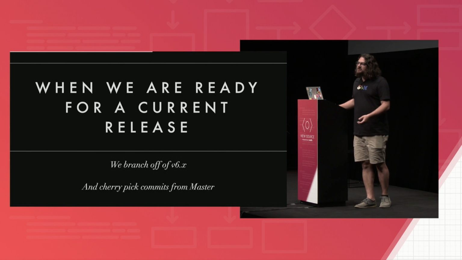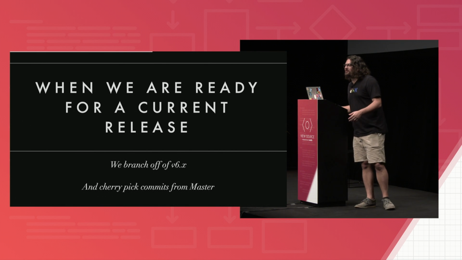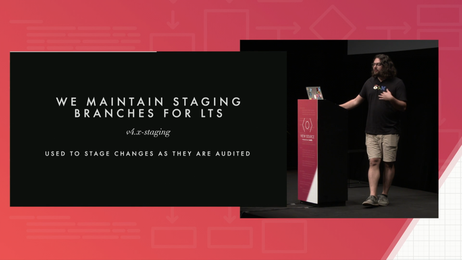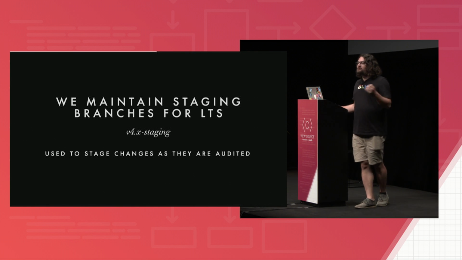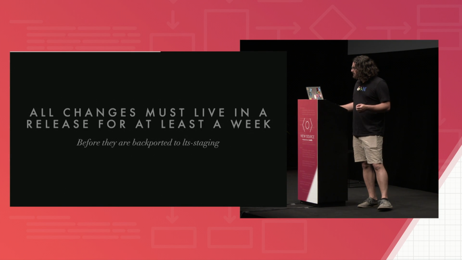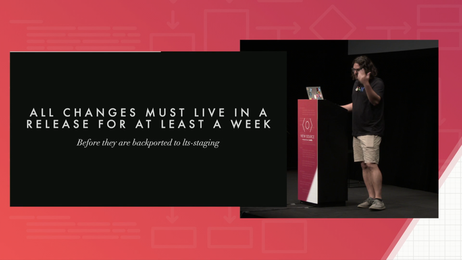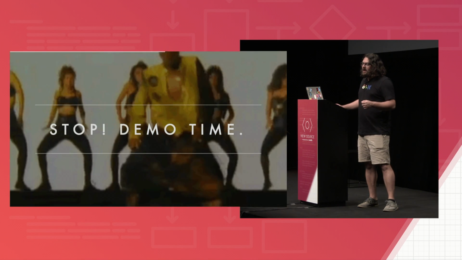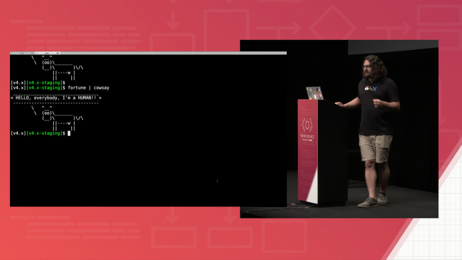If you're interested in hearing more about that, come and grab me afterwards and I'll tell you more. For LTS, and soon for current as well, we maintain staging branches. So as changes are audited and signed off on for LTS, they get cherry picked onto the staging branch. Then when we're ready for a release, and as I said before, those are changes that live for at least a week, and when they're ready for release, we do something like this.